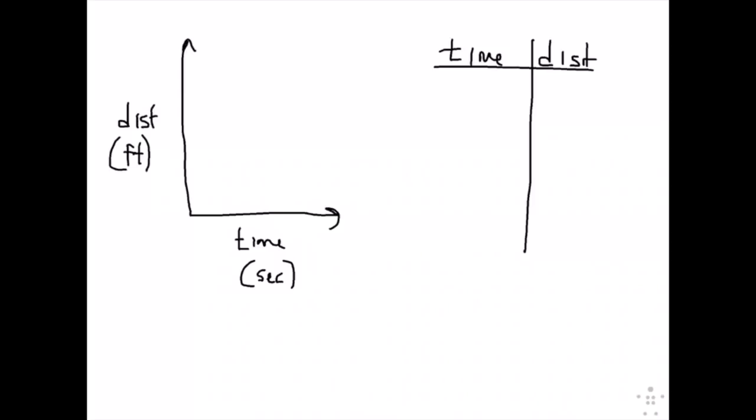And then you could use different scales. If this is your graph paper, you could go by ones here, 1, 2, 3, 4, 5. And over here, you could go by 100, 200, because the units are completely different. You can use different scales when you know what the data represents.